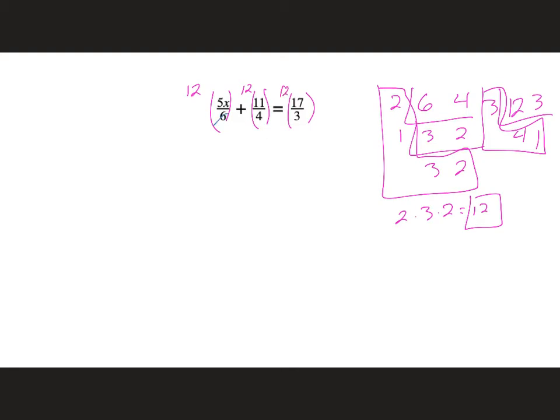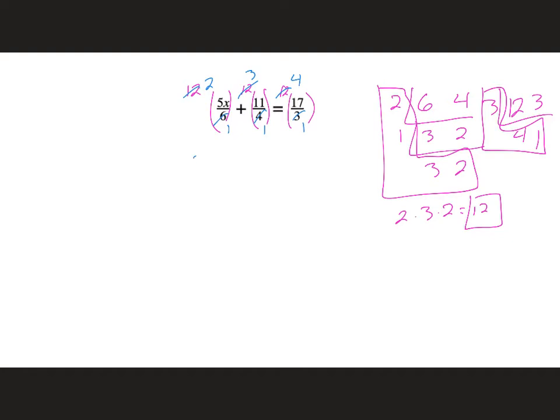So when I do that, 6 divided by 6 would be 1, 12 divided by 6 would be 2. 4 divided by 4 is 1, 12 divided by 4 is 3. 3 divided by 3 is 1, 12 divided by 3 is 4.